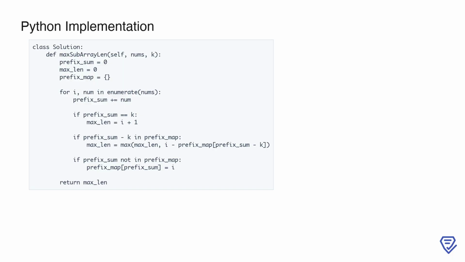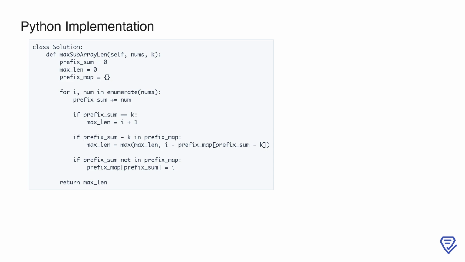2. Iterating through the array. For each element num at index i, we add num to prefix_sum to update the cumulative sum. If prefix_sum equals k, it means the subarray from the start of the array to the current index sums to k. Update max_len to i plus 1 since this subarray includes all elements from index 0 to i.